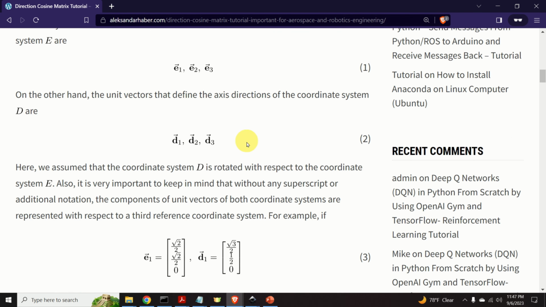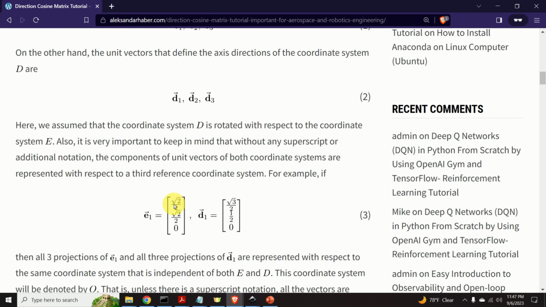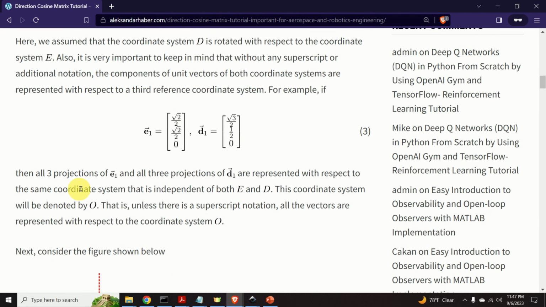For example, if E1 is defined like this and D1 is defined like this, then all three projections of E1 and all three projections of D1 are represented with respect to the same coordinate system that is independent of both E and D. This coordinate system will be denoted by O. That is, unless there is a superscript notation, all the vectors are represented with respect to the coordinate system O.